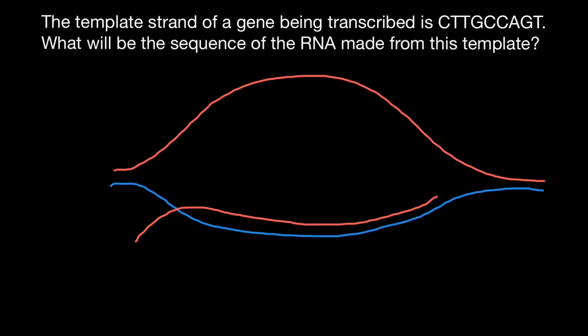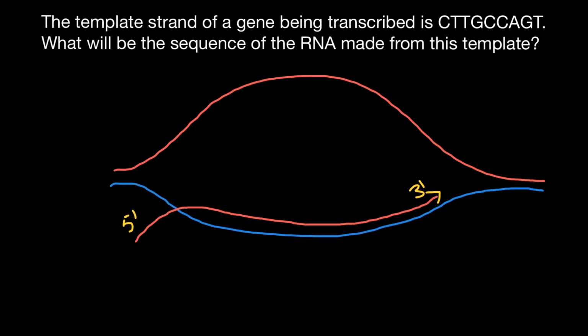Take a look. Messenger RNA always is made from 5' end to 3' end, only in this direction. So that's why I know that this is the 5' end. And I also know that this is the template strand of the DNA. This messenger RNA is going to be complementary to this strand.